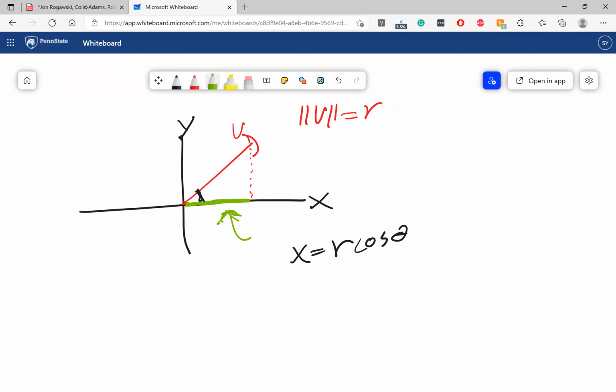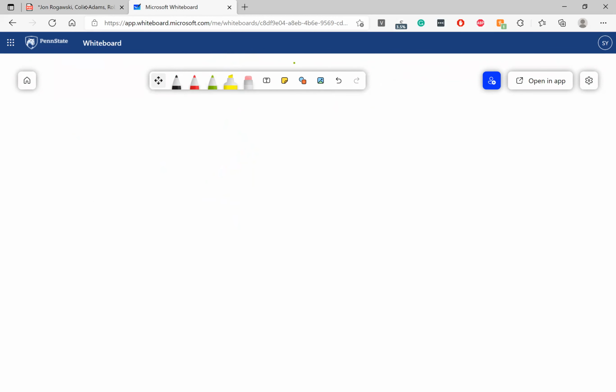So if you want to find the projection in the y direction, that's here. Then we say y is equal to r sine of theta. Now in 3 dimensions, we would want to do something similar. If here is your vector v, and here is your vector w, for any 2 vectors, you can think about what happens if I project one onto the other.